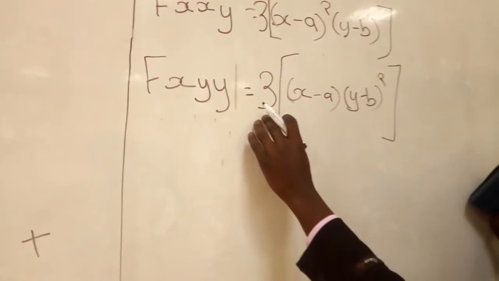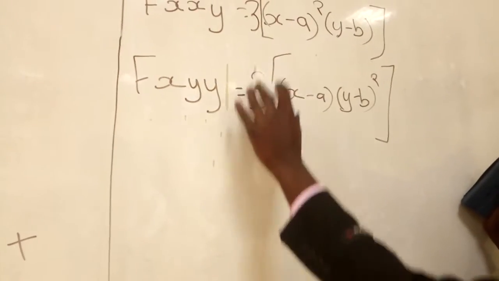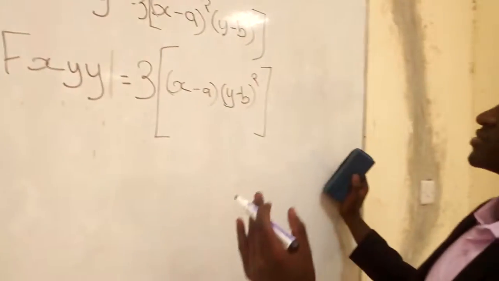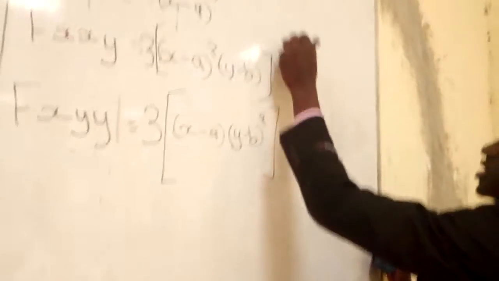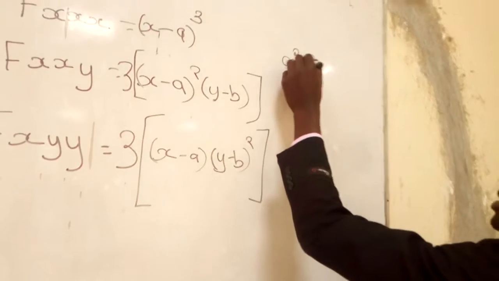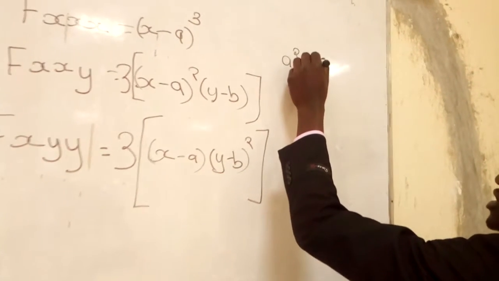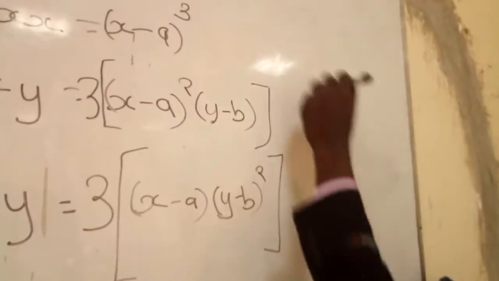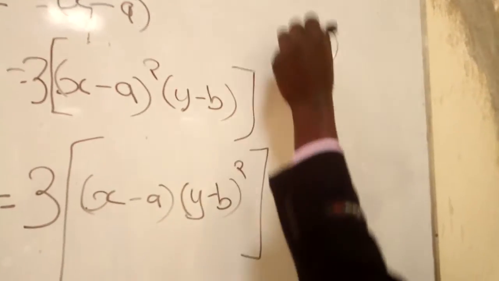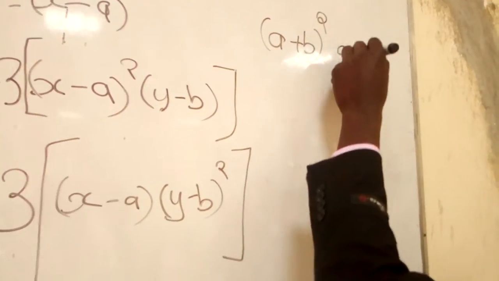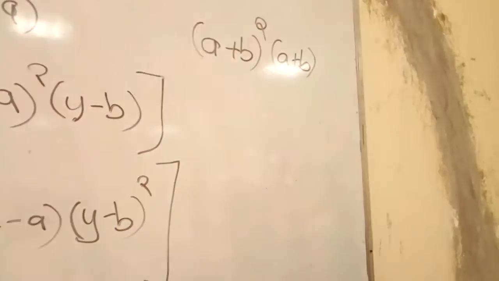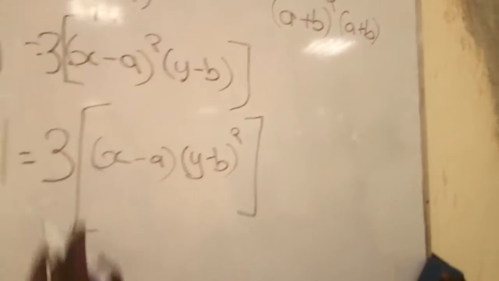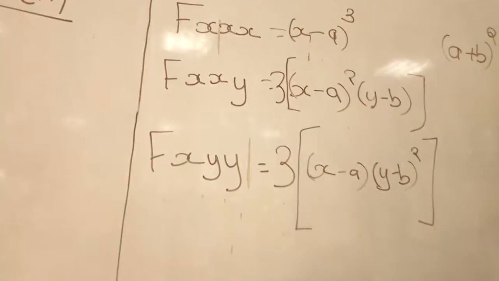I've said this one is coming from linear algebra, this 3 and this 3, because when you open the brackets of a plus b cubed, you'll find it will refer us to these 3 and 3.